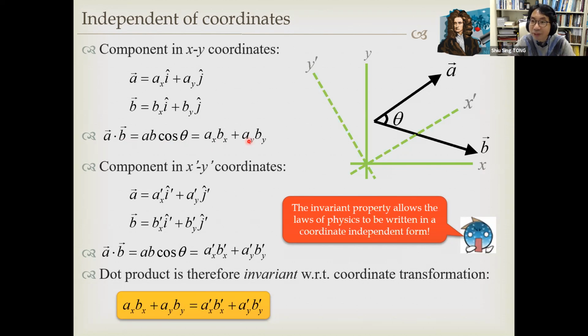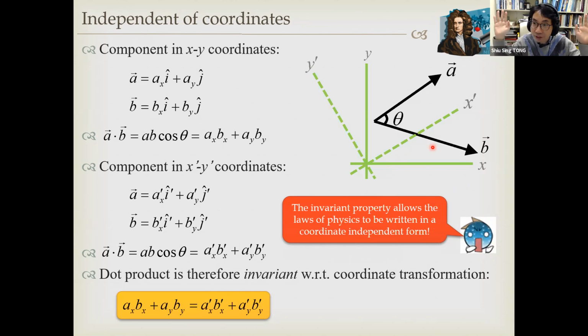But how about if I have another coordinate system that is tilted at an angle to the original coordinate system? Suppose we have a new coordinate system called X prime and Y prime. This new coordinate system is tilted by a certain angle relative to the original coordinate system XY. But the coordinate system is something chosen by us, right? We can choose whatever coordinates we like.